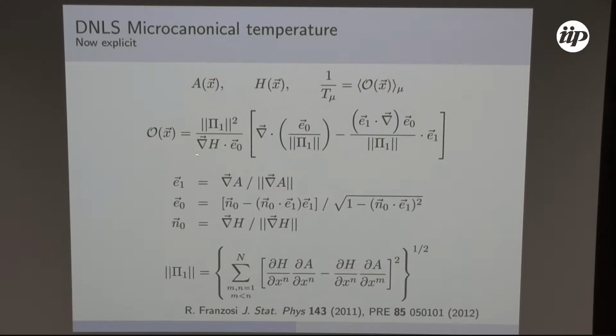This gradient is, of course, an odd quantity, and this E0, what is its definition? It depends on this N0, which again is a gradient of H. So this E0 is odd in the energy, but this scalar product is even. So I have to go inside this square bracket, and I see again this E0. Please notice that E1 does not play any role because it does not depend on the energy. And so you realize that indeed this observable is odd.